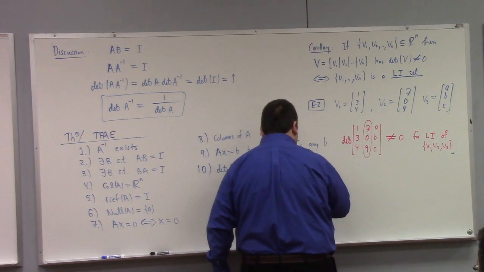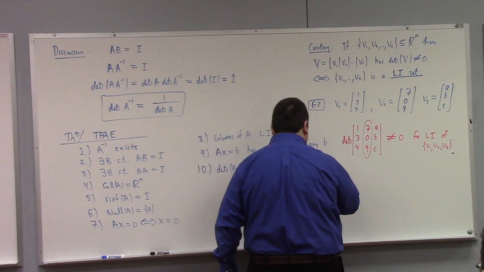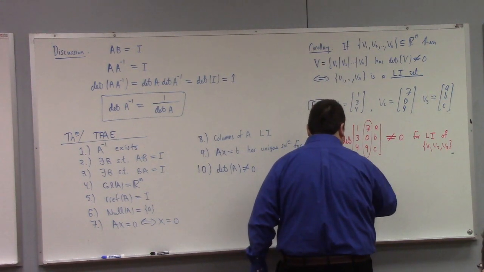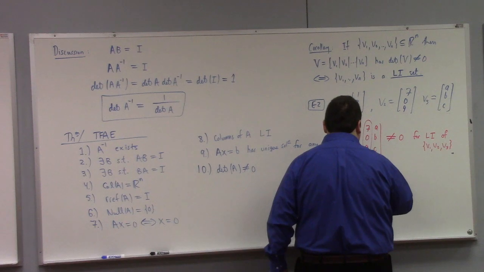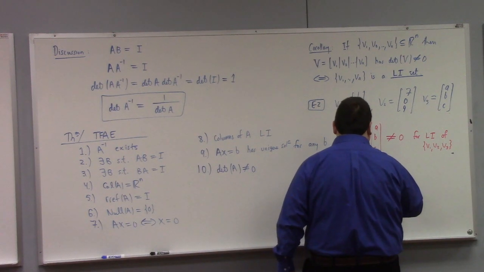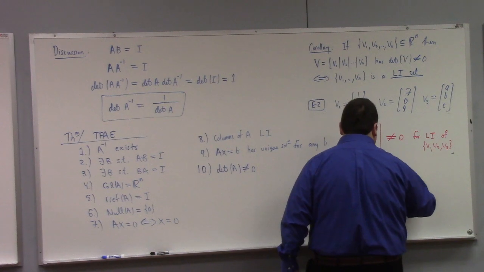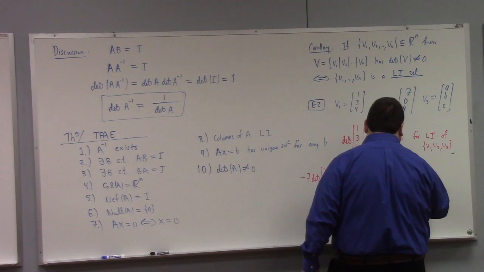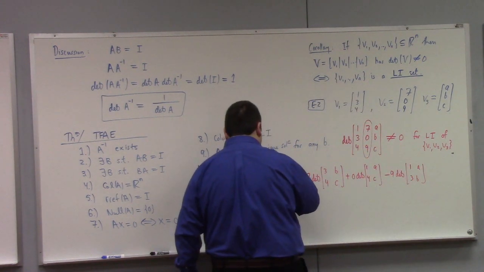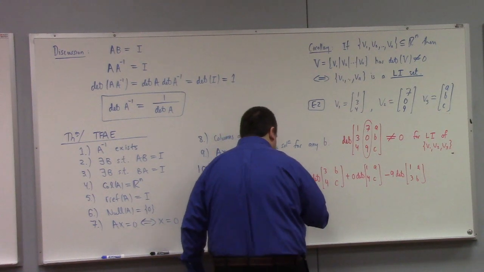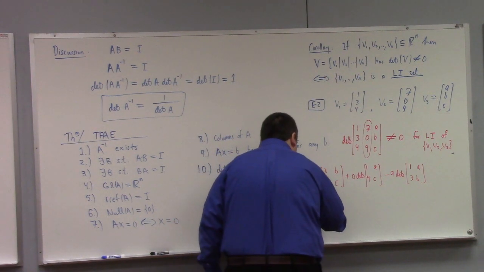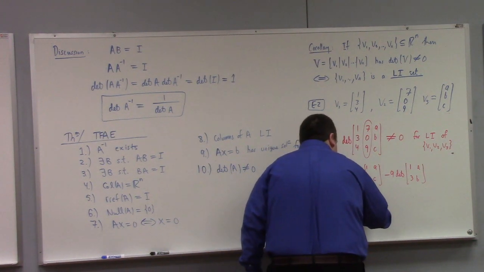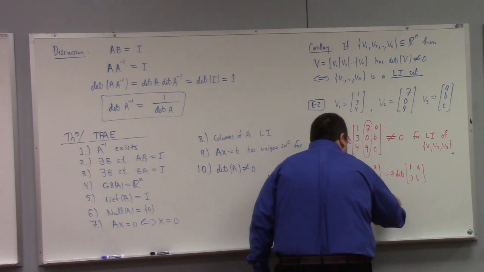So I've got minus 7 times the determinant of 3b 4c, plus 0 times the determinant 1a 4c, not that that matters, and then minus 9 times the determinant of 1a 3b, I believe. So there's my determinant of big V, as I'm calling it for the moment, which is what? Minus 7 times (3c minus 4b) minus 9 times (b minus 3a).